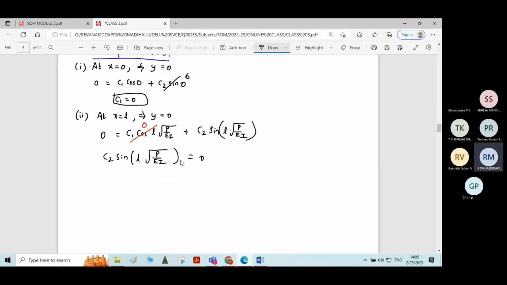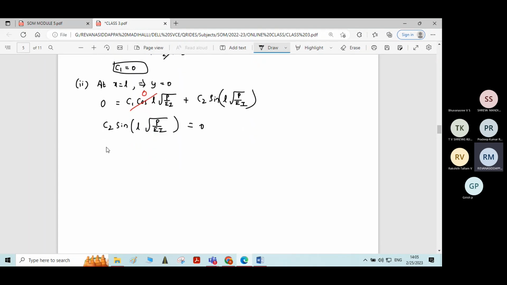Now from this equation, either C2 must be equal to 0 or the value of sin L root P by EI must be equal to 0.